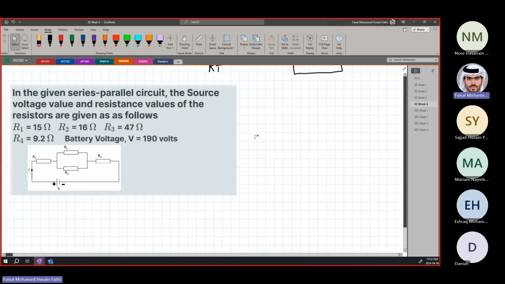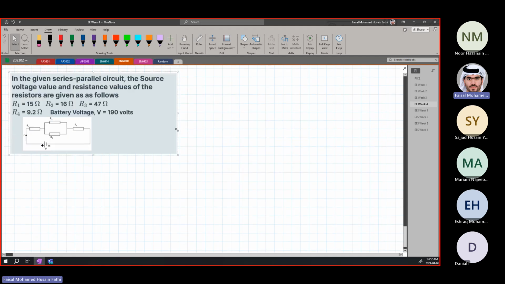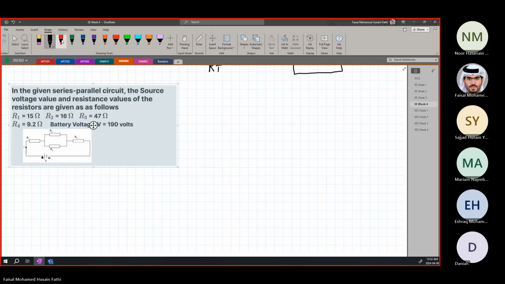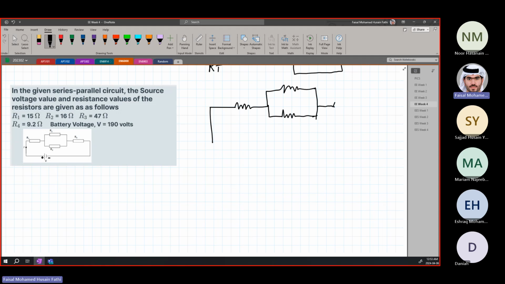زين. فالحين معطينا هالسيركت. اوكي. معطينا this circuit. Resistor, resistor, resistor, resistor, battery, plus minus.